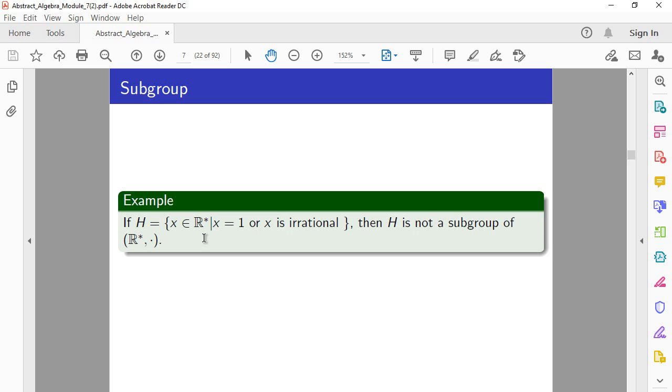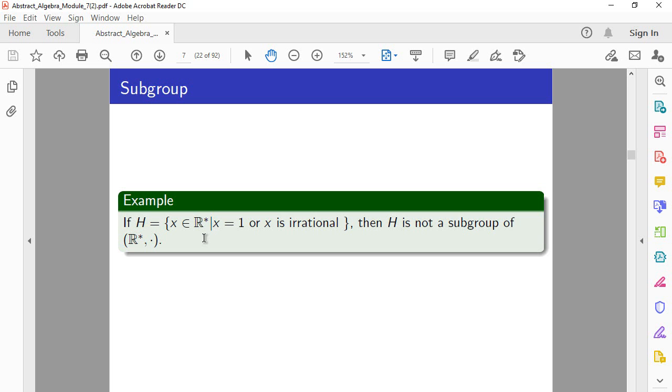Recall that R star is a group under multiplication because the identity would be 1, and every non-zero real number has a multiplicative inverse. Multiplication of real numbers is associative. So all the properties of a group hold for R star under multiplication.